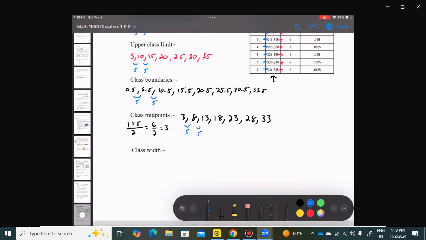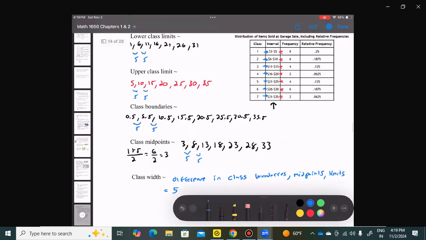So class width is the difference in class boundaries, midpoints, limits. In this case, it's equal to 5.